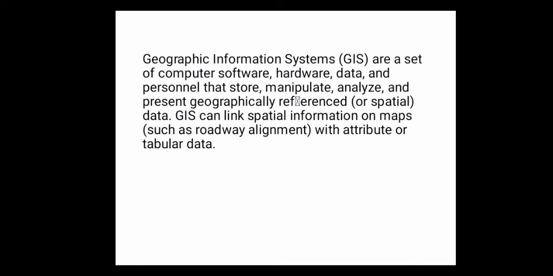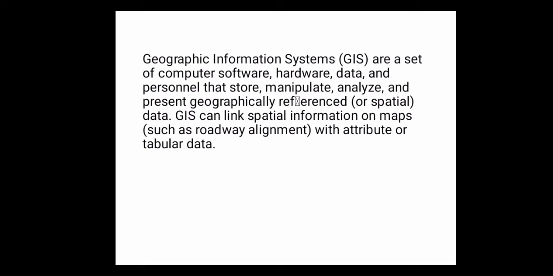GIS can link spatial information on maps such as roadway alignment with attribute or tabular data. For example, in a GIS, a digital map of a road network would be linked to an attribute table which stores pertinent information regarding each road section on the network.